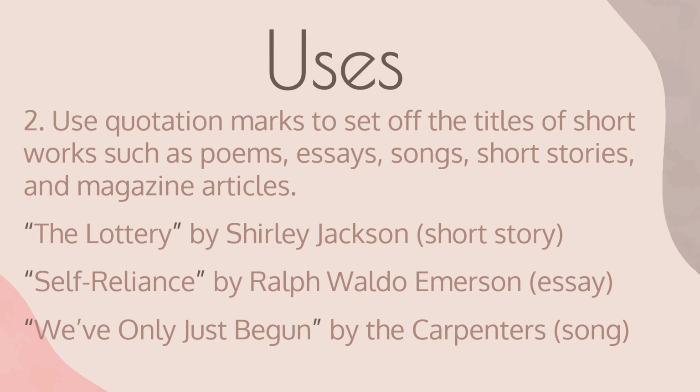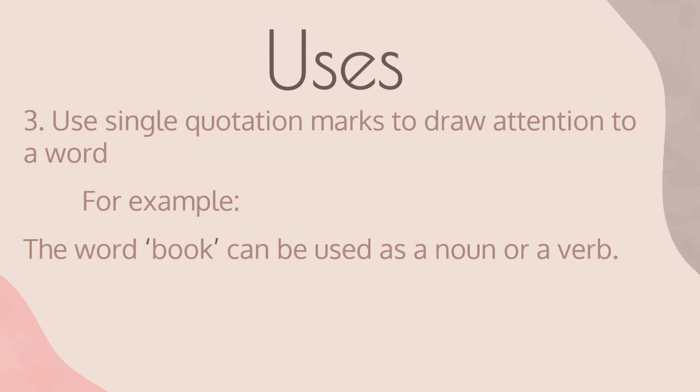Now, those were the uses of double quotation marks. Now, let's see how you can use single quotation marks. You can use single quotation marks to draw attention to a certain word for emphasis. For example, the word 'book' can be used as a noun or a verb. Here the word book has been placed within single quotation marks to draw attention to that word, to highlight that word within this sentence, because this word is important.